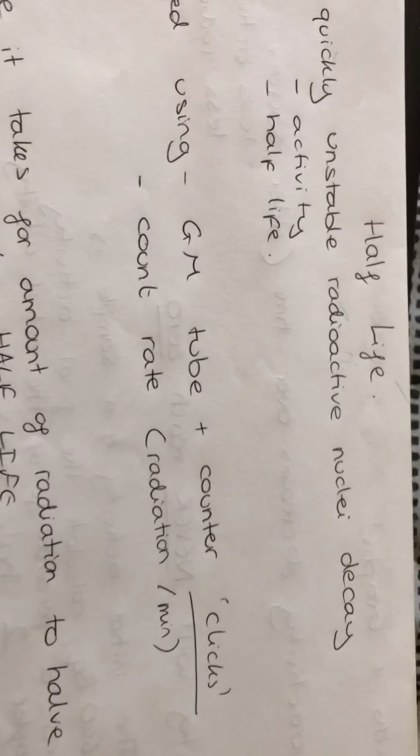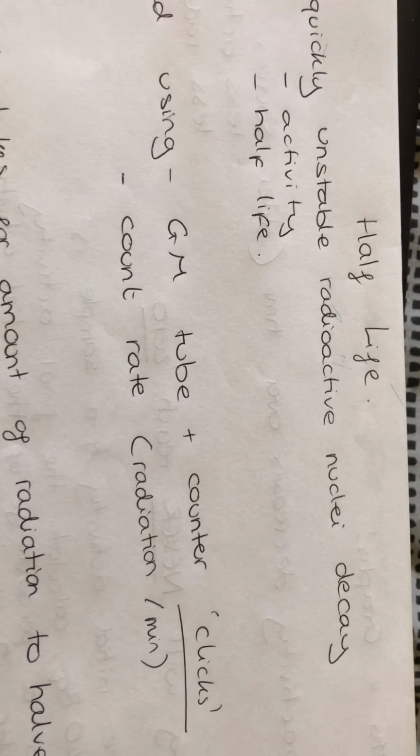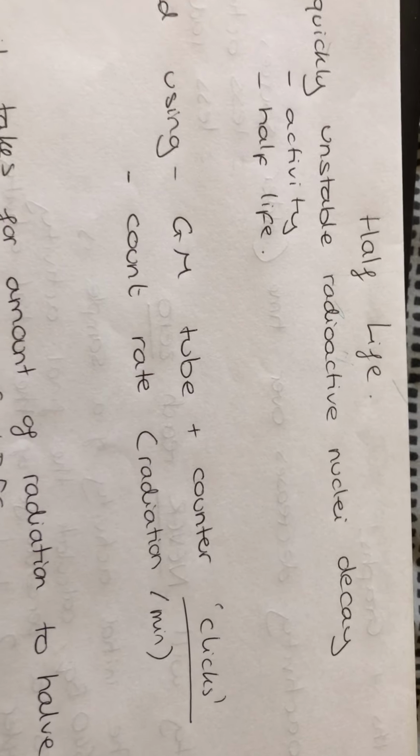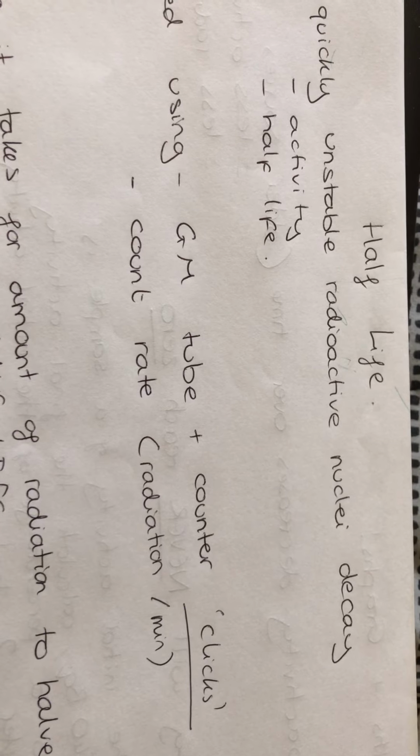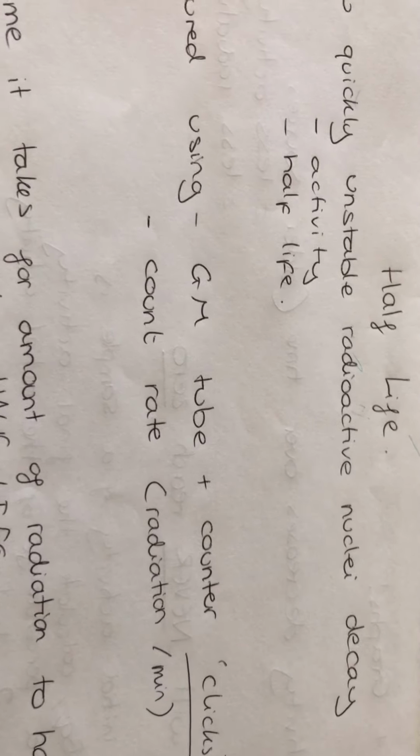Those clicks produce what is known as a count rate, which is just the number of radiation counts reaching the tube and detector per minute. The more clicks there are, the more radiation is being detected.